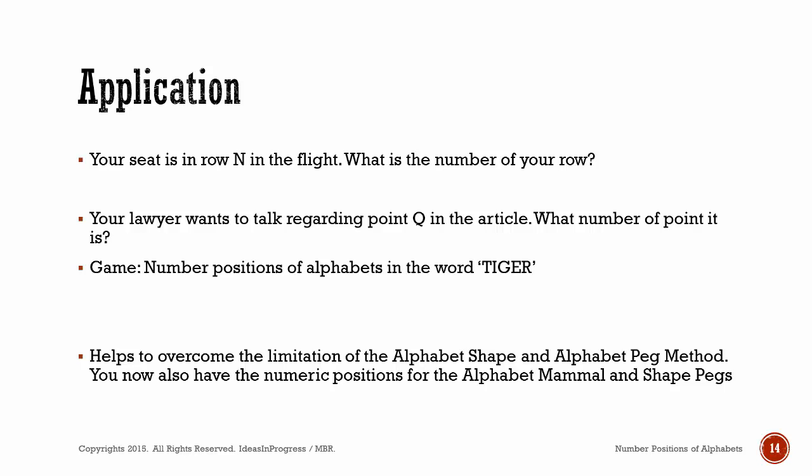However, the only limitation there is that you don't remember the order of those pegs. But now, with the mnemonics for number positions in your head, you have a set of pegs with the number positions. If you have not watched my earlier videos on alphabet shape and alphabet peg method, then I would encourage you to do so.